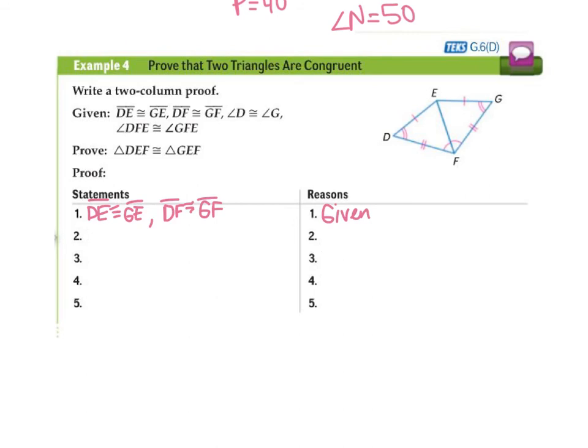Number two, we know that EF right here is congruent to EF, and that comes from the reflexive property of congruence.